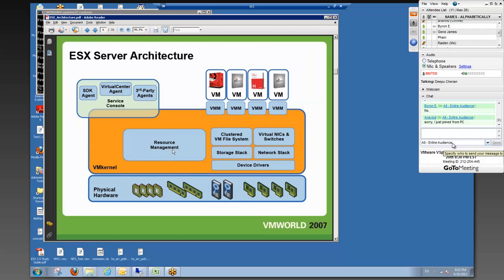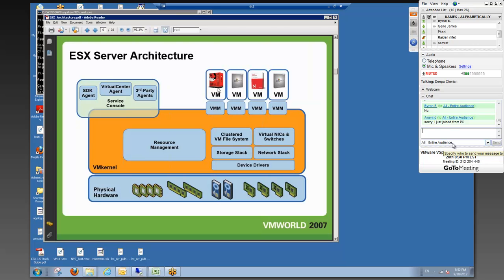Let us say this physical server has 2 GB RAM. I'm giving a very simple example. If that is the case, how much RAM do I have completely? 2 GB, correct?